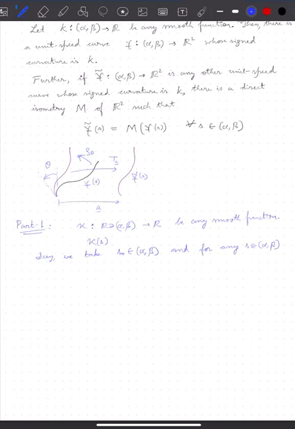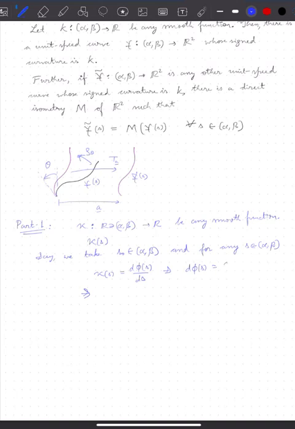Since that's how we have talked about, say, kappa of S is equal to d phi of S by ds, right? So then this we can algebraically manipulate.